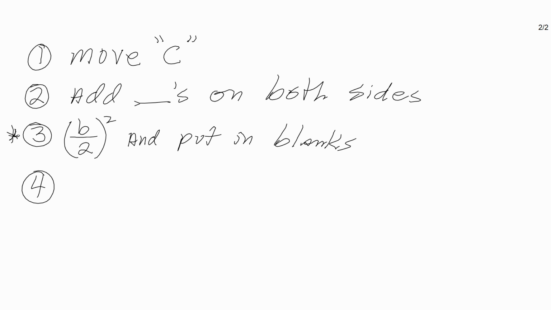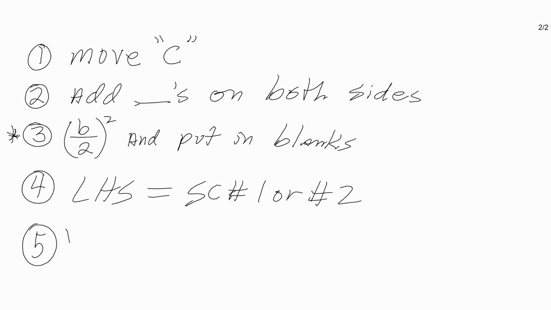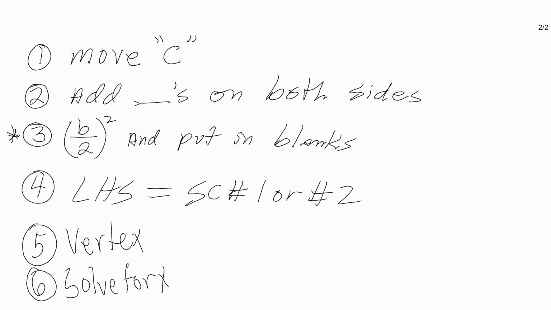After you do number 3, on the left-hand side you will have shortcuts number 1 or number 2, and you'll figure out which one that is. Then 5, you'll get your vertex. And 6, you'll solve for x. Basically, you're going to get your vertex and your x-intercepts.